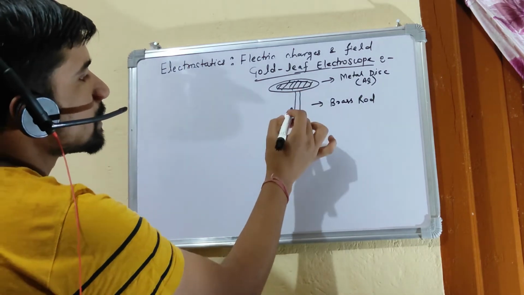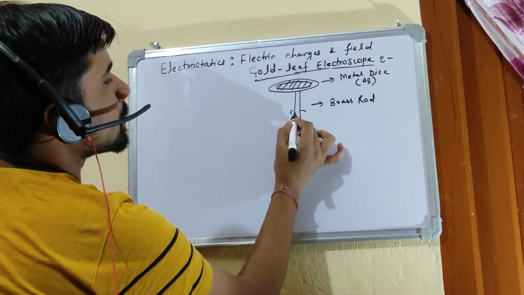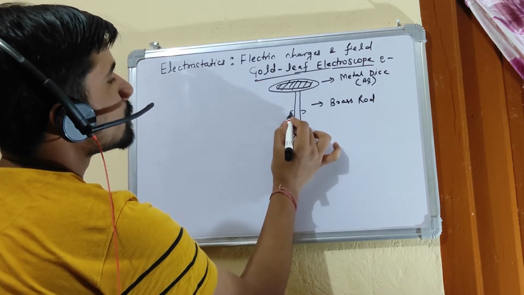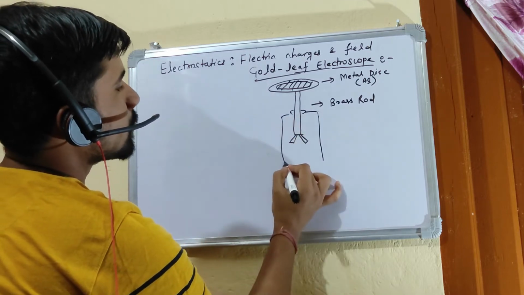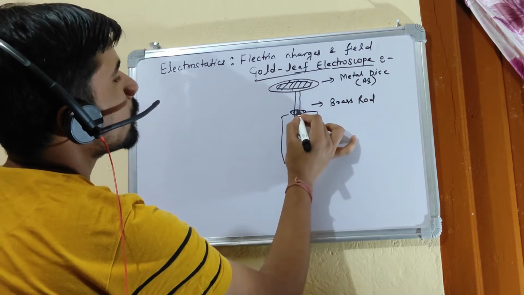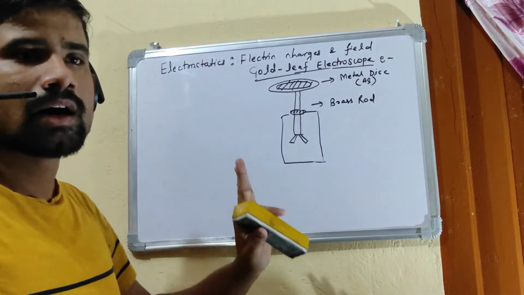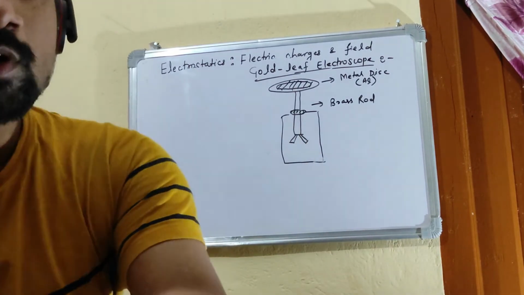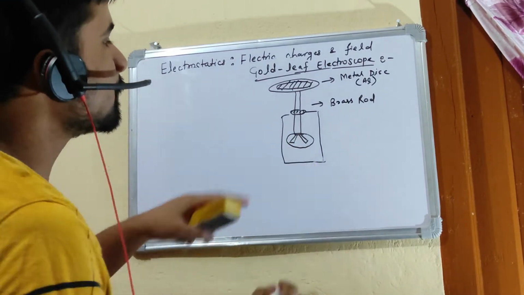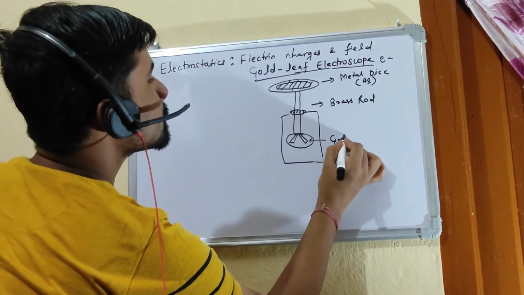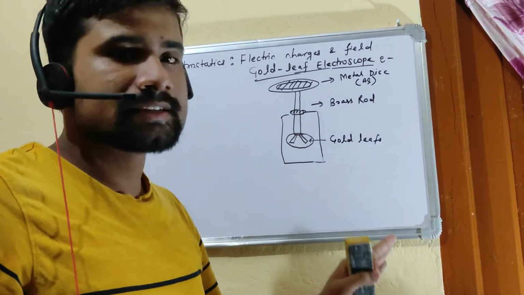To house this, we can house it in some kind of a container, which can have a cork here on, something like that. So this is how a prototype of a gold leaf electroscope looks like. So these metal strips, these are called gold leaves. So these are the charge sensitive leaves.